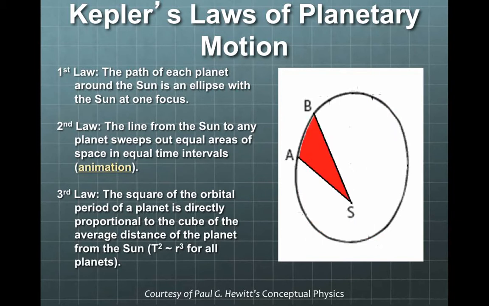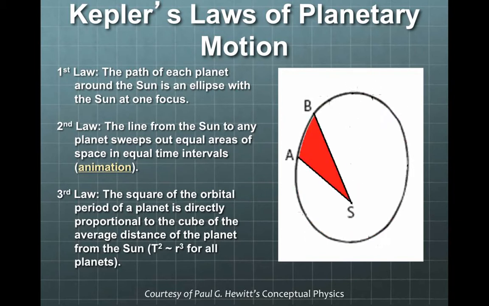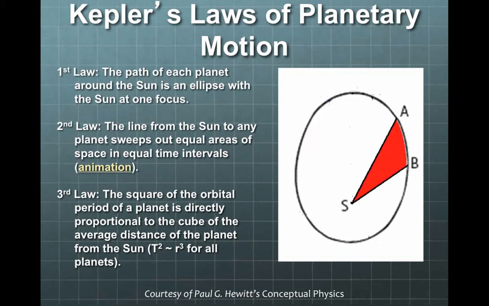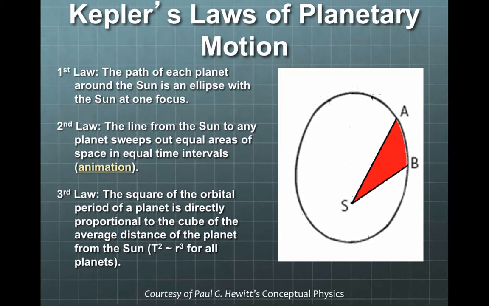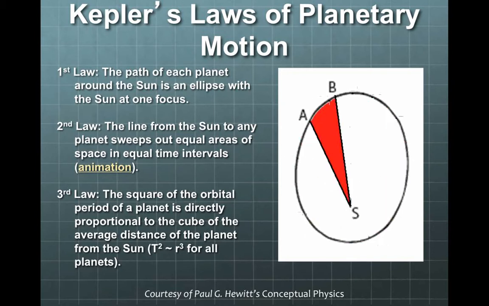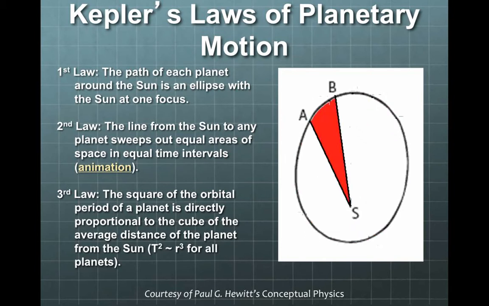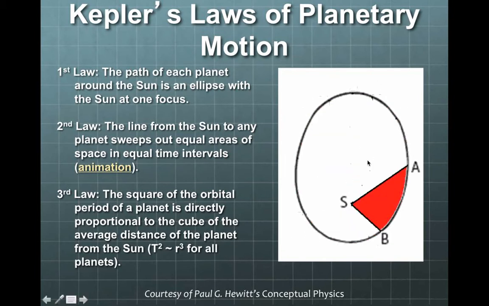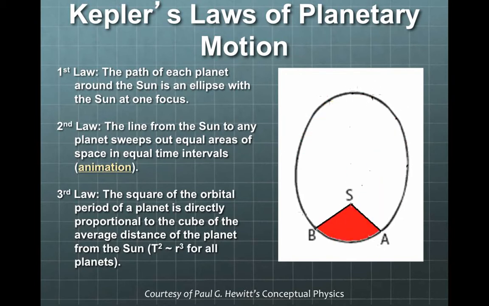And Kepler's second law of motion is that the line drawn from the Sun, the imaginary line that you can draw from the Sun to any planet, sweeps out an equal area in equal time intervals. So this diagram here on the right shows this occurring.